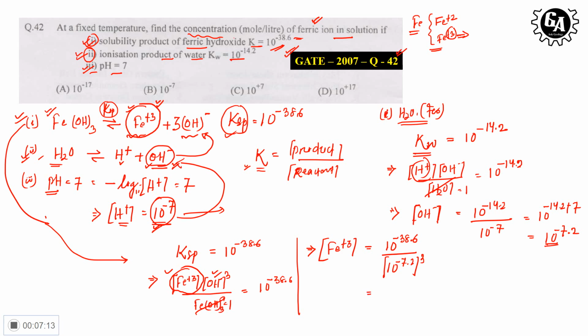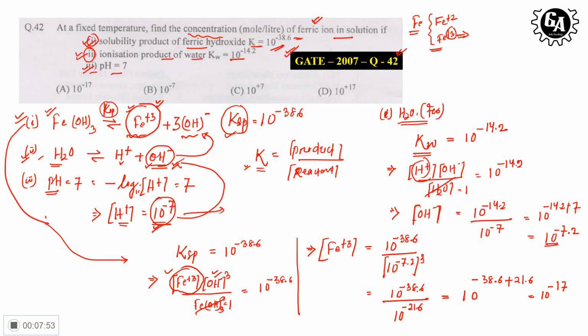Okay, so what will be the value? 10 to the power minus 38.6 divided by, this will be multiplied, so this is 10 to the power minus 21.6. If we just simplify, then 10 to the power minus 38.6 plus 21.6, which is equal to 10 to the power minus 17, isn't it?